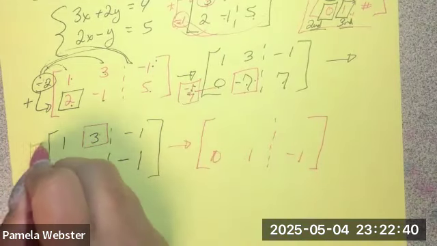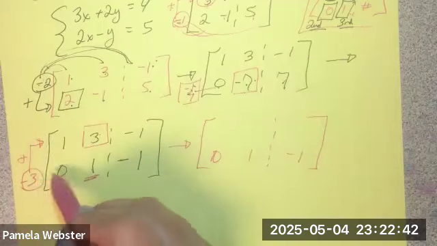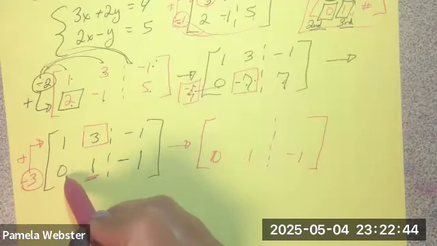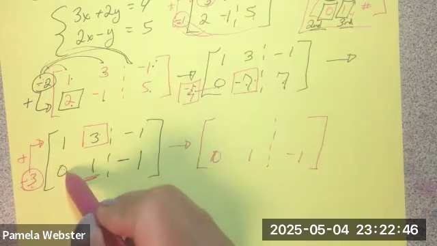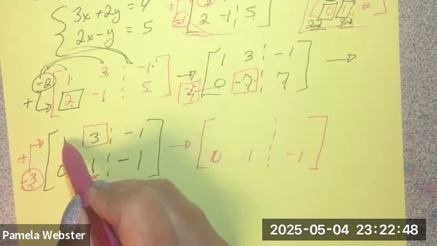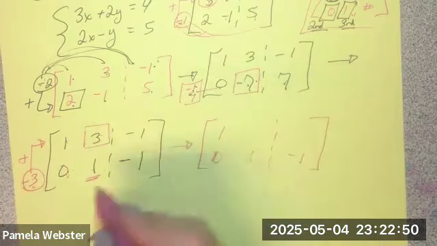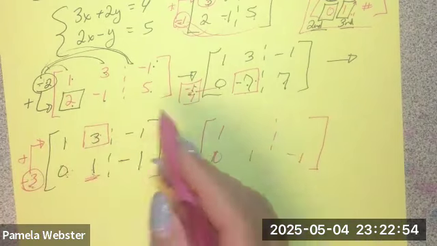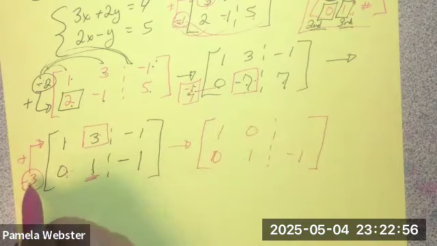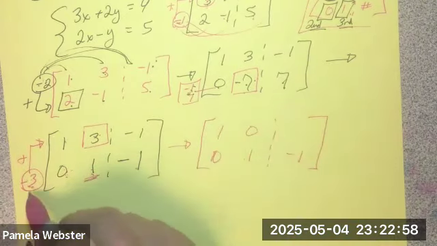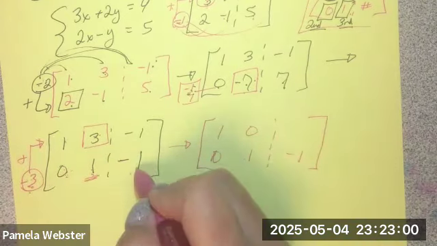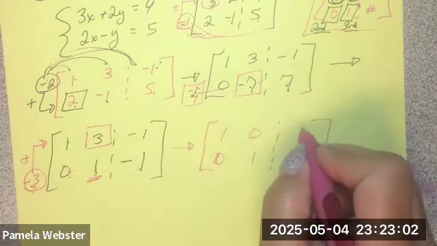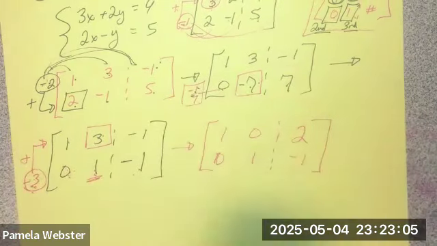It's a -3 plus. And the nice part is because I just got this 0, -3 times 0 is 0, plus a 1, that's just the 1. It doesn't change. -3 times 1 is -3 plus the 3 is a 0. -3 times -1 is a +3. +3 minus 1 is a 2.